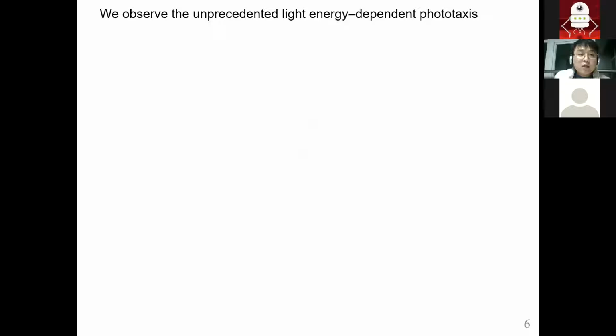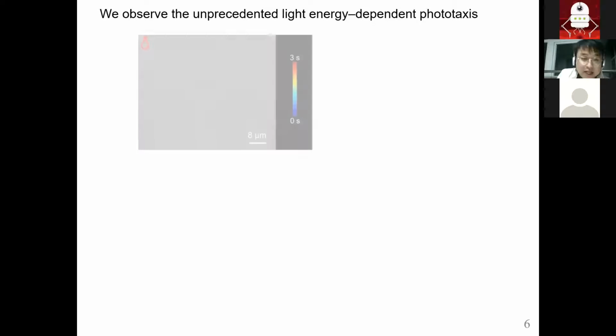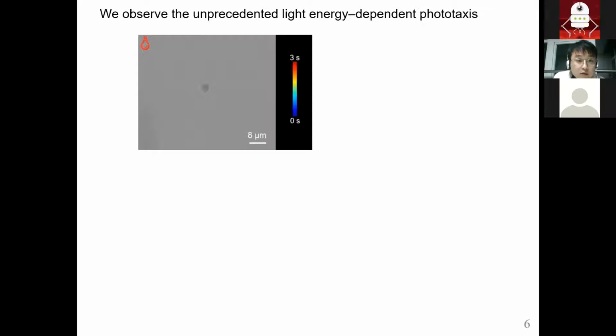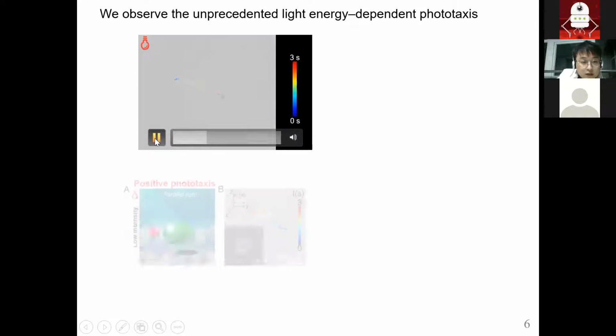When under irradiation, we observe an unprecedented light energy-dependent phototaxis. You can see this movie.